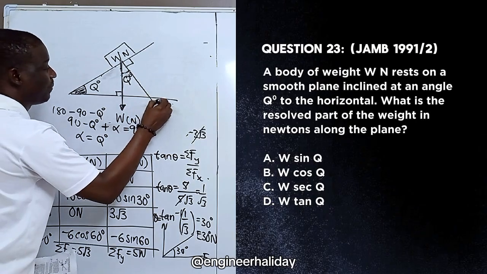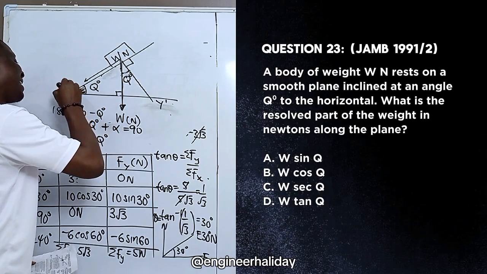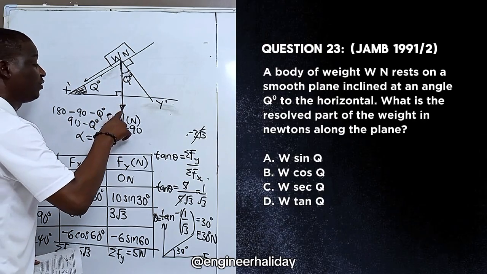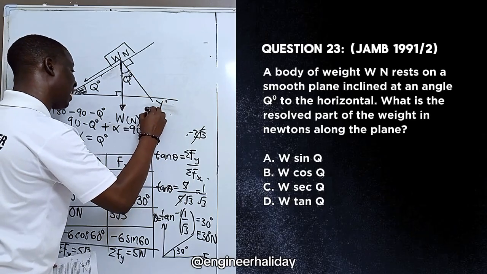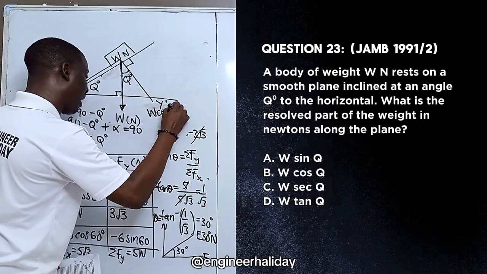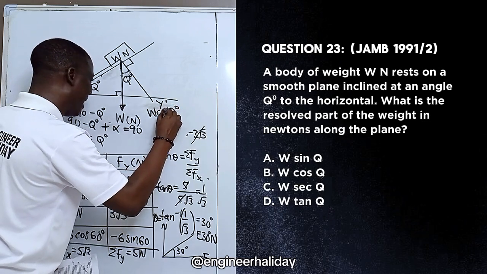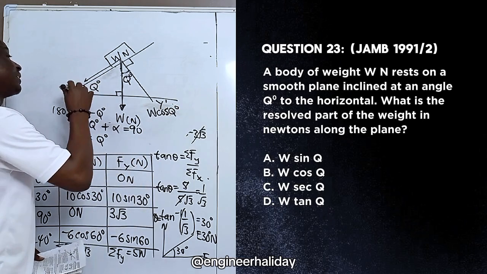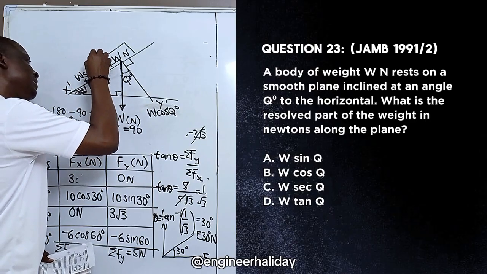Because it's inclined, here becomes our y prime, and here becomes our x prime. If you resolve this W Newton in the y prime direction, you're going to have W cos Q degree. Then this one is W sine Q degree.